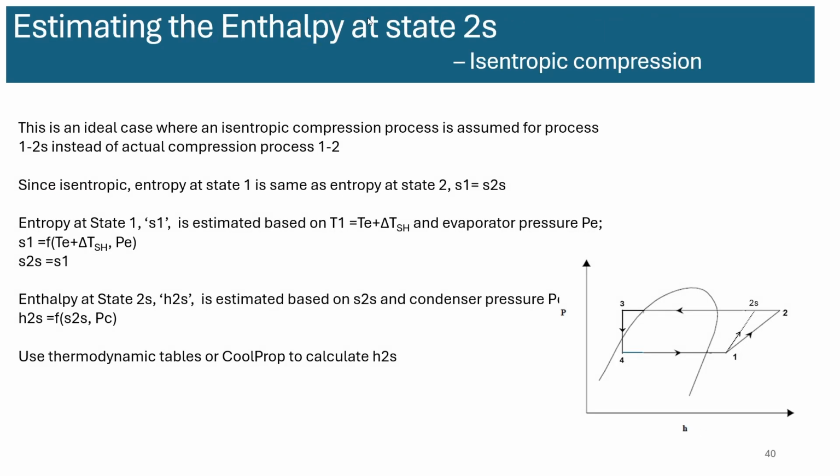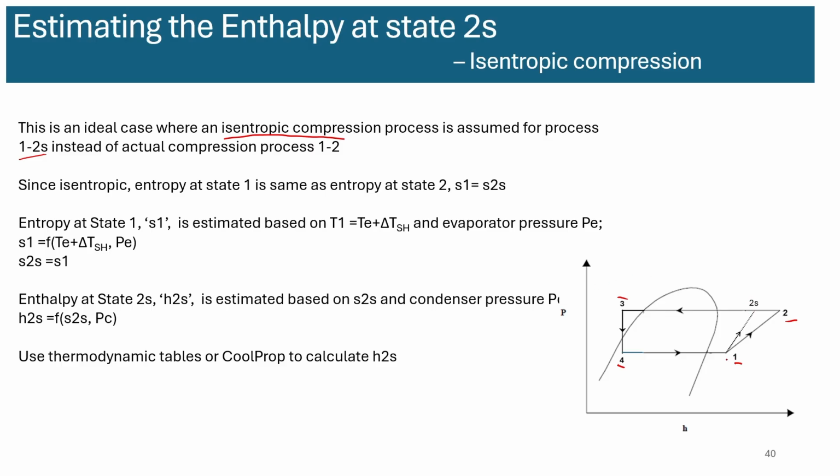So far we have calculated the enthalpies and other properties for the actual state points of the cycle, including 1, 2, 3, and 4. What about an ideal cycle and the ideal compression process, which is basically an isentropic compression process? Instead of 1 to 2, it will follow the path of 1 to 2s, where the entropy is constant.